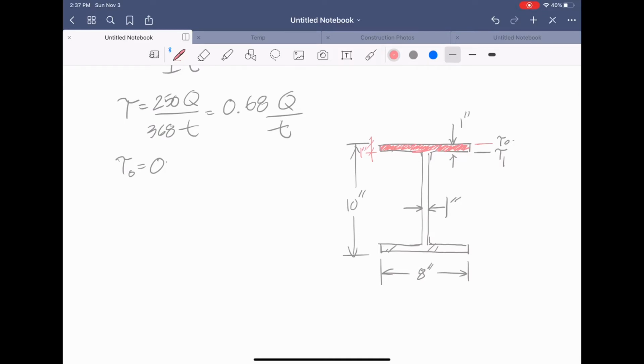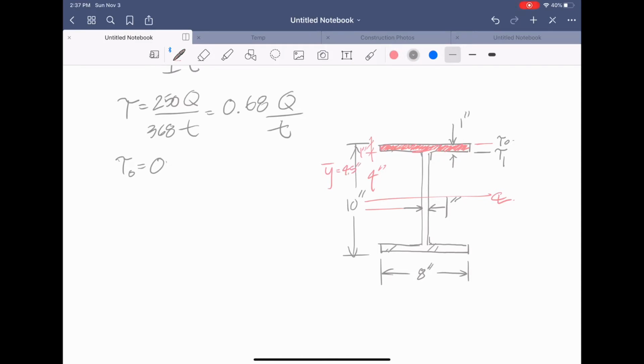And that's going to give you 4 to here. Let's say that this is a center line. We've got 4 inches there, so in other words, your y bar is equal to 4.5 inches.